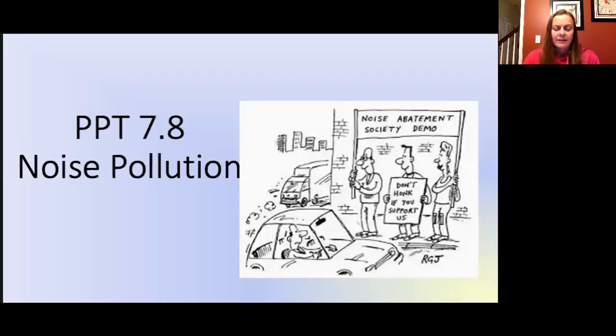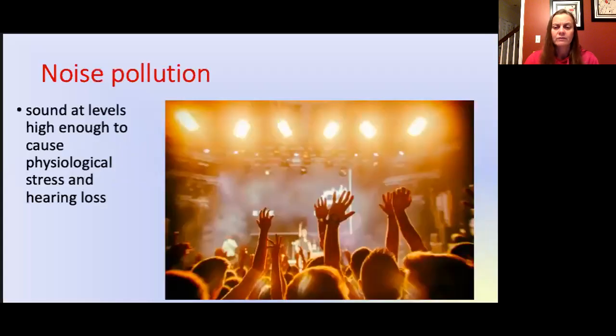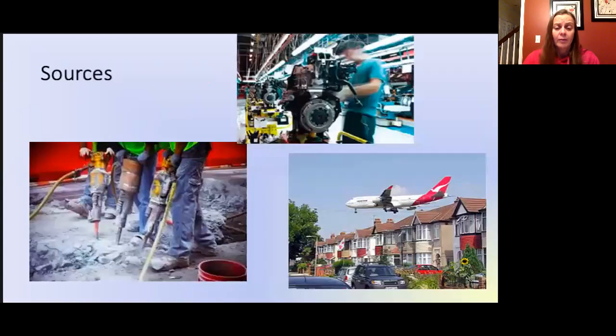Okay, last topic for this unit is noise pollution. So noise pollution is defined as sound at levels high enough to cause physiological stress or hearing loss. This can be from something like a rock concert. Most of the time when we talk about noise pollution, we're talking about industrial noise pollution.